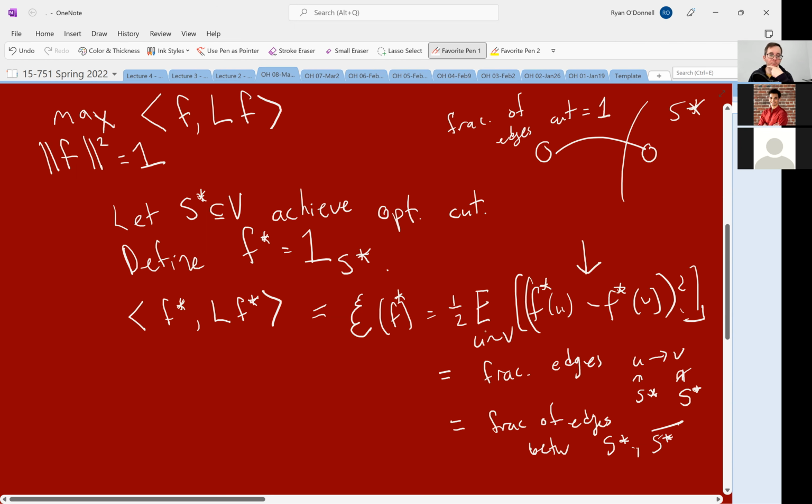You pick a random edge, you look at this difference. In this specific case, FU minus FV will always be plus or minus 1, so its square is 1. So this whole expectation will be 1. So this will be giving you a half. So I think this is probably a 2 times a half, times the fraction of cut edges.